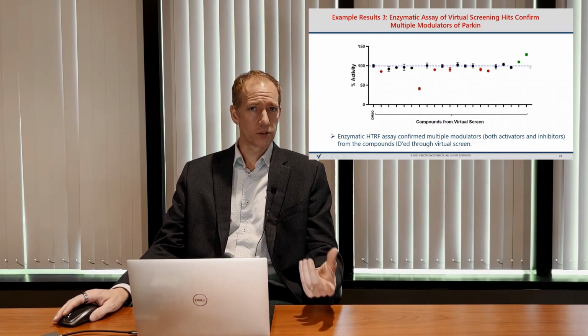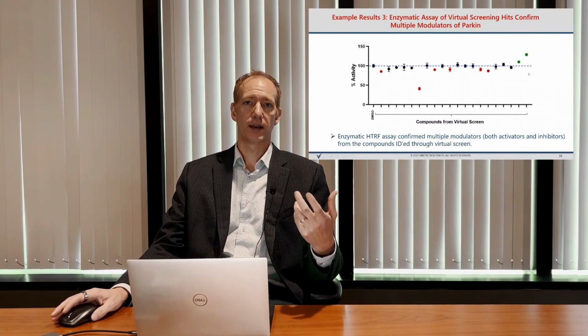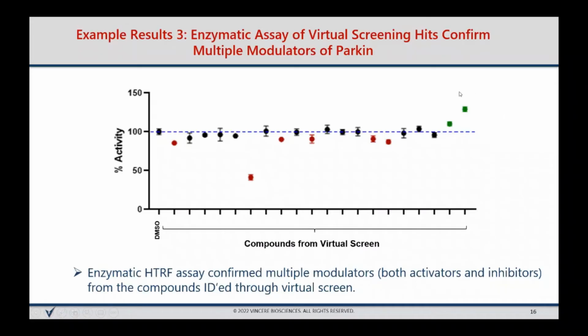One of the things with a virtual screening is that you can predict that a compound will stick, but you can't predict what the enzymatic activity change would be. We did identify multiple activators of Parkin that came out of that, which was our hypothesis of what happens in that target. We also identified several inhibitors of Parkin that reduce the activity.